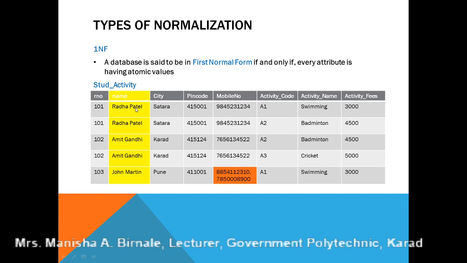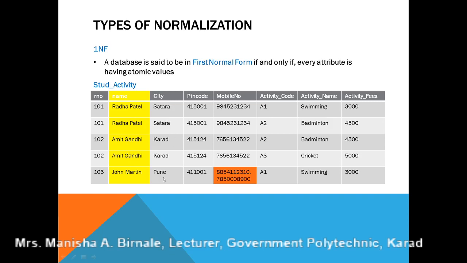Radha is a first name and Patel is a last name. We have seen the types of attributes: some are composite attributes, some are simple attributes, some are multi-valued attributes. So here roll number is a simple attribute, but name is a composite attribute, and this is not an atomic value because it can be broken into two parts, first name and last name.